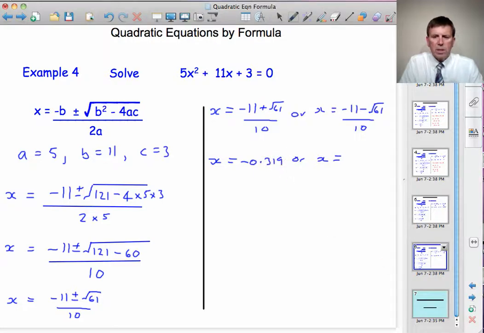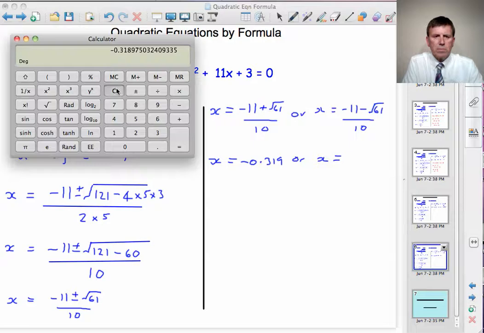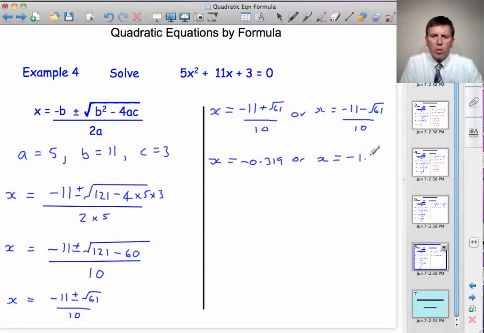And our second answer, minus 11 minus root 61 equals, divided by 10 equals, minus 1.88 to three significant figures. So the answer to example 4, x equals minus 0.319 or x equals minus 1.88.